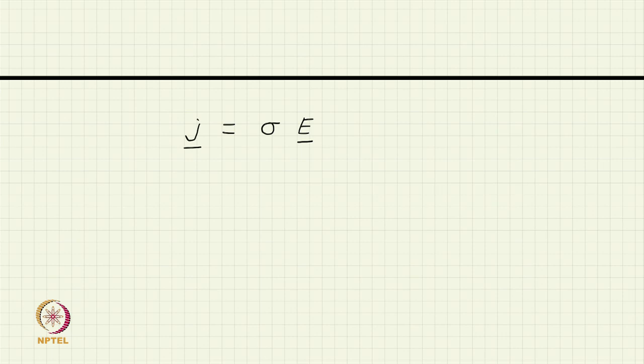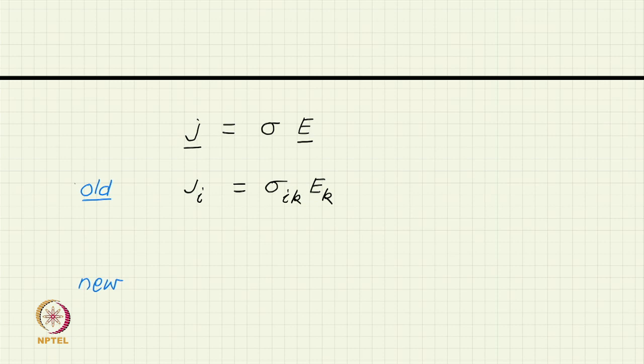Now, in terms of components, if I write, the ith component of J is sigma I k E k in Einstein's convention. Now, notice that we have agreed that if we change the basis, so suppose this was in the old basis, and we now introduce a new basis.